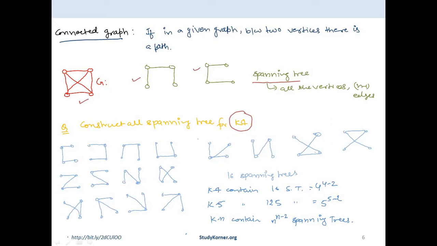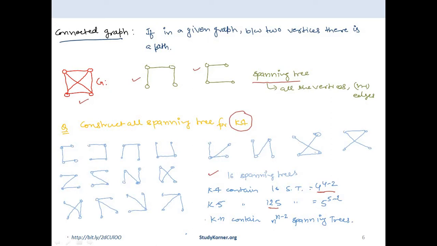So for the K4 connected graph, I have 16 spanning trees possible. So K4 contains 16 spanning trees, which can be written as 4 to the power 4 minus 2, and K5 contains 125 spanning trees, which can be written as 5 to the power 5 minus 2.